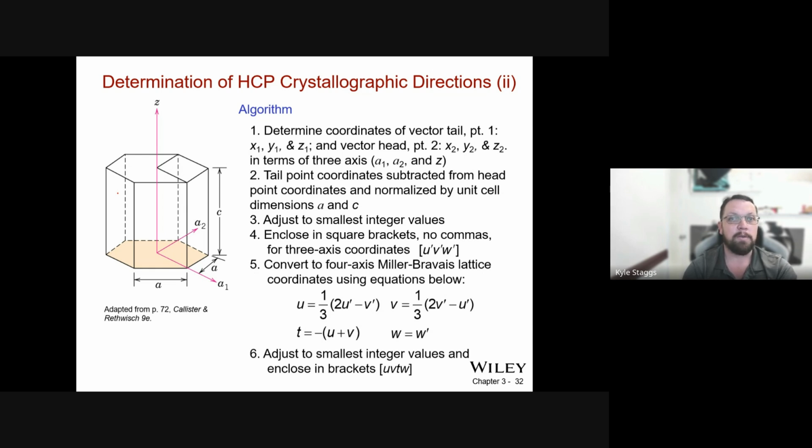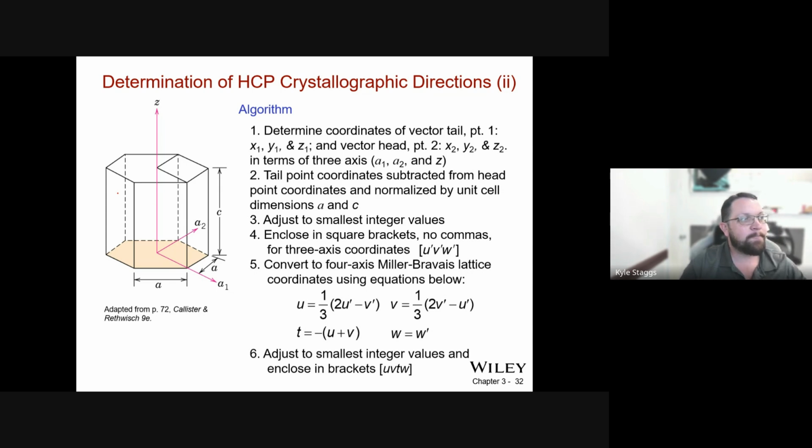So we're going to walk through an example of what this looks like. U, V, T, and W: it's helpful to know what each of these stands for. And these are equations that, for instance, we will give you on a test, but we expect that you will understand how to put them to use.